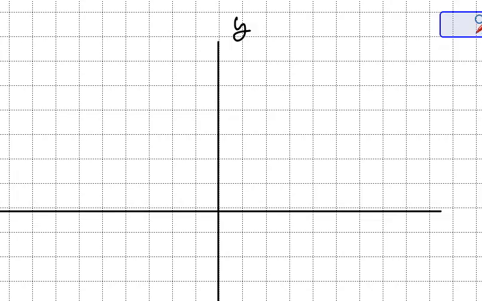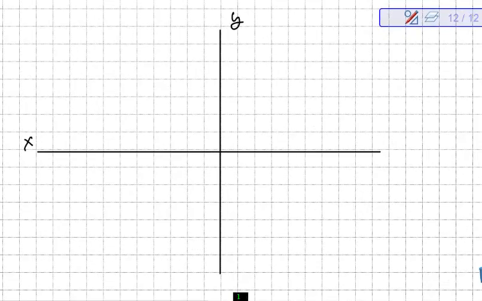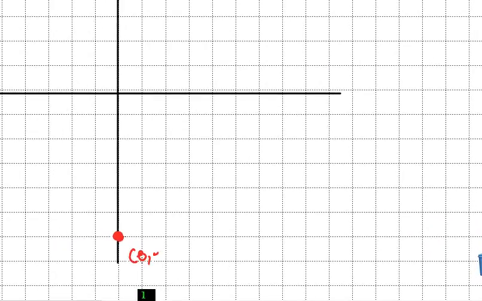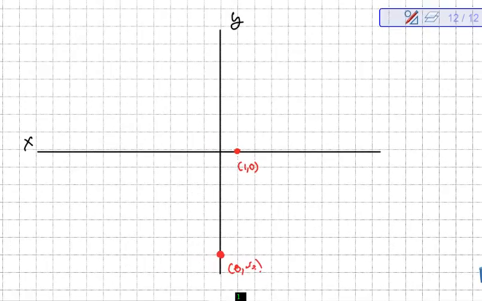Okay, I had a y-intercept at (0, -6). So (0, -6) was my y-intercept. I had an x-intercept at (1, 0). I'm sorry, (1, 0). So (1, 0).